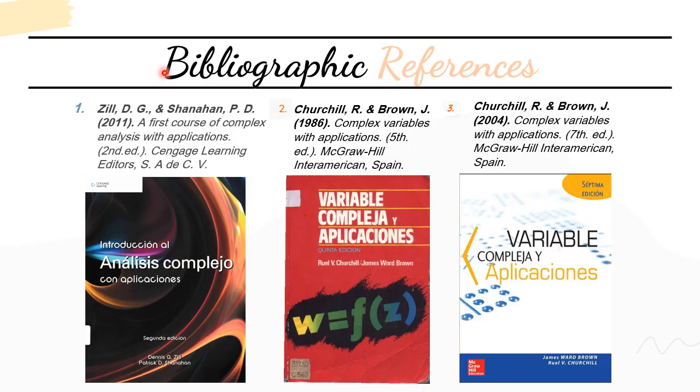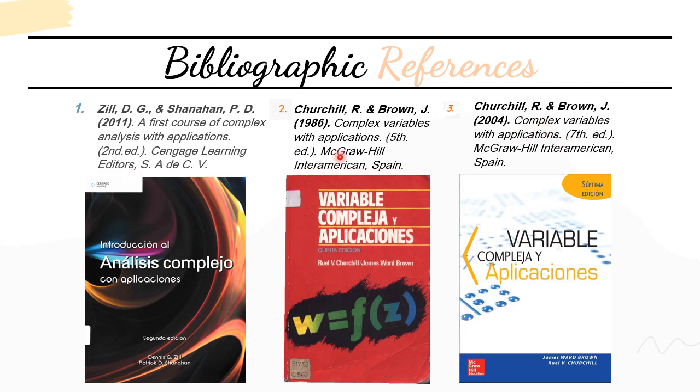Here are the bibliographic references. For this video, I used the first course of Complex Analysis with Applications by Sealey and Shanahan, the second edition from 2011. And I also used two versions of the book Complex Variables with Applications by Churchill and Brown, the 5th edition and the 7th edition, the one from 1986 and the one from 2004.